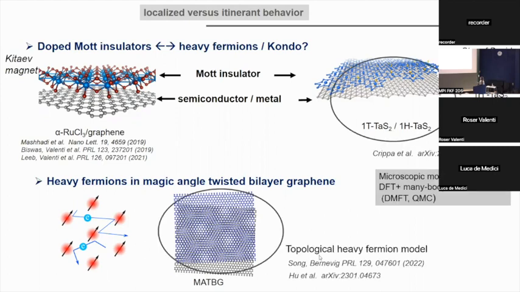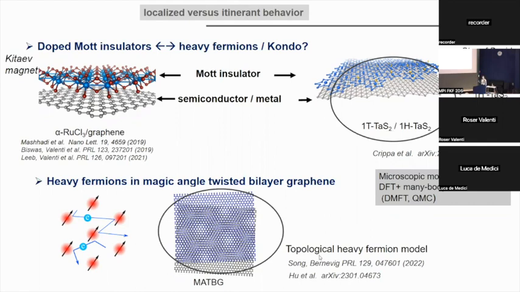What I would like to talk about today is another very interesting heterostructure, in the tantalum disulfide systems, where you have different types of polymorphs, the 1T and the 1H.